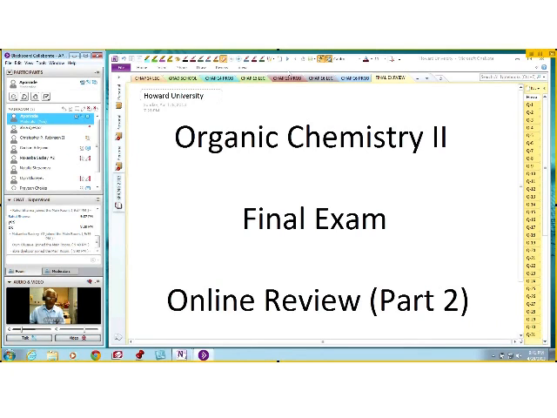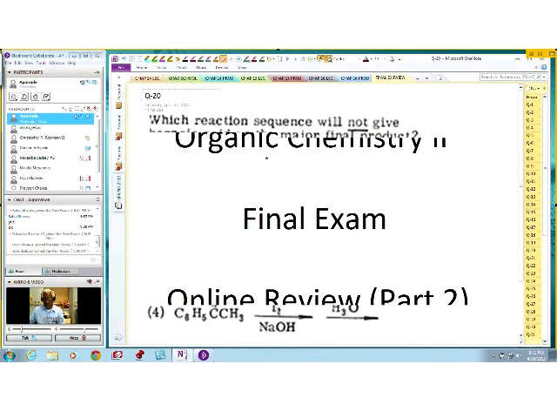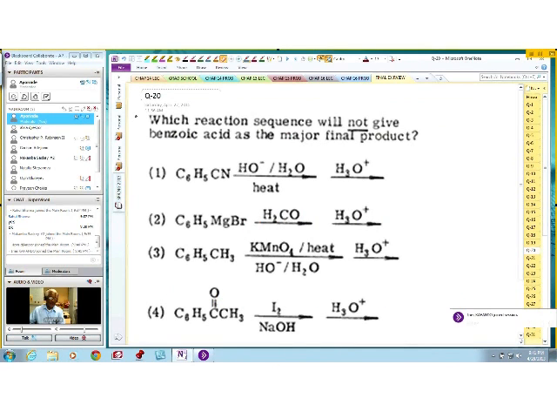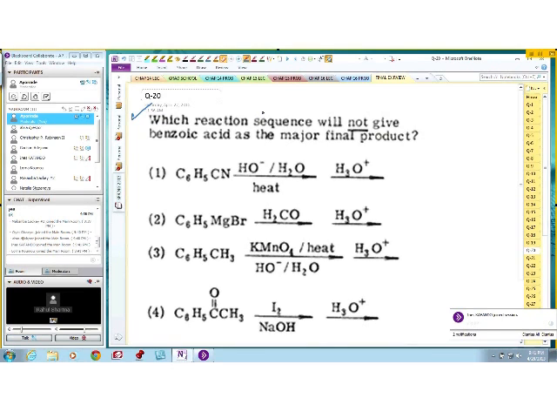Okay, so let us go to problem number 20. Rahul, can you go ahead and read this question for us? Which reaction sequence will not give benzoic acid as the major final product?